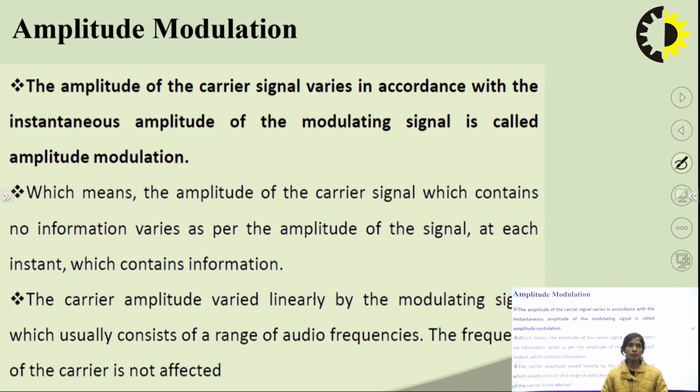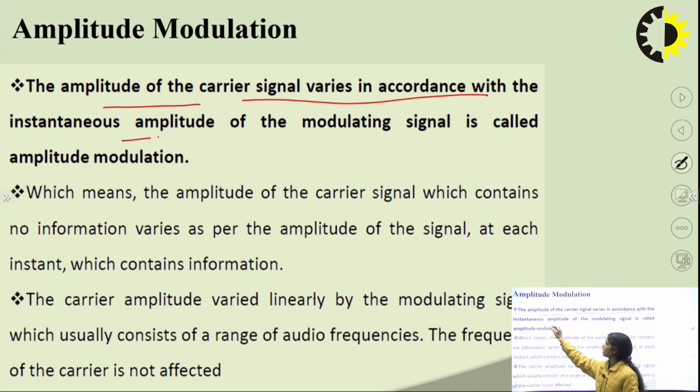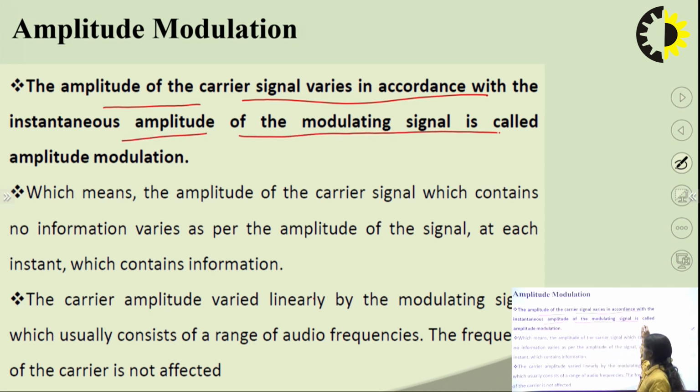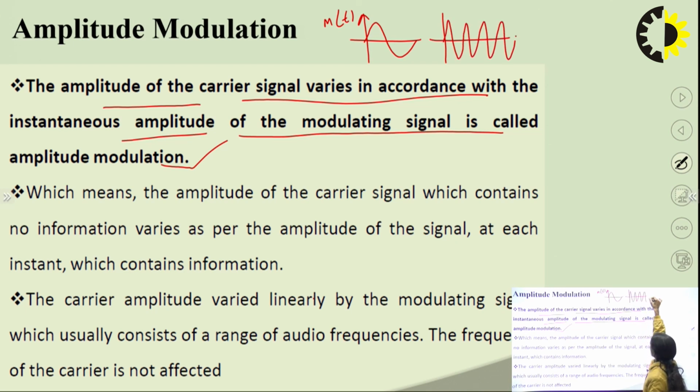If we define amplitude modulation, the amplitude of the carrier signal is varied in accordance with the instantaneous amplitude of the modulating signal. This process is known as amplitude modulation. We have one message signal, which is a lower frequency signal, represented as m(t), and another signal called the carrier signal, a high frequency signal represented as c(t).